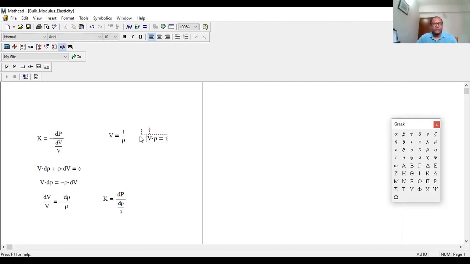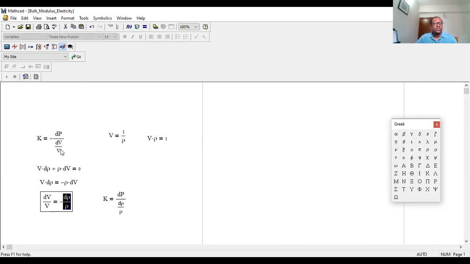Then you just differentiate this term, and you get V d rho plus rho dV equals 0. So you just rearrange the equation. Taking this part to the right-hand side, you make a ratio. So you see dV by V equals minus d rho by rho.